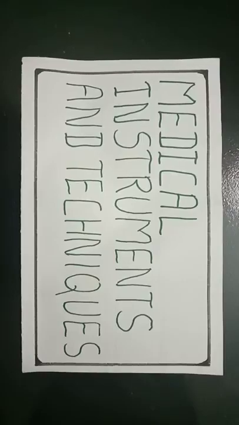Then these ultrasound waves are converted into electrical signals. These signals are captured and focused on a screen called the oscilloscope screen. In this screen, the electrical signals are displayed. Understand, my dear students? So this is the structure of the ultrasound imaging.